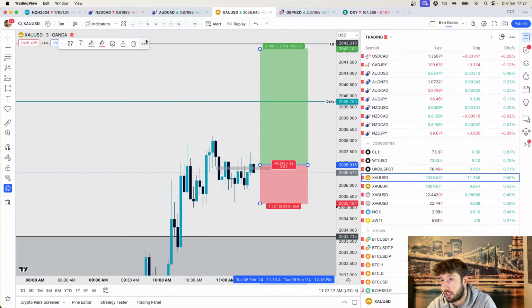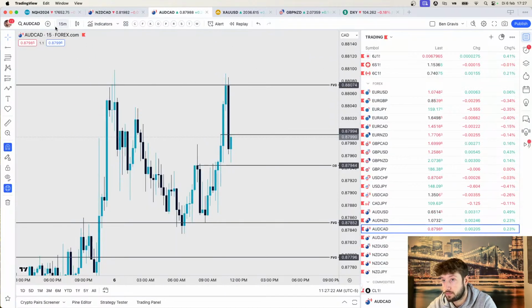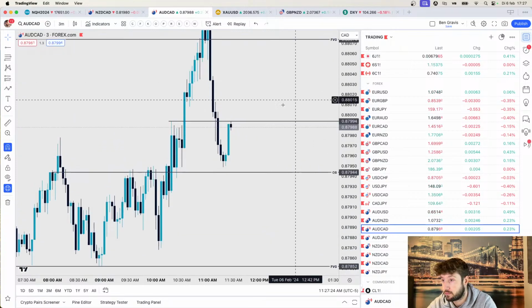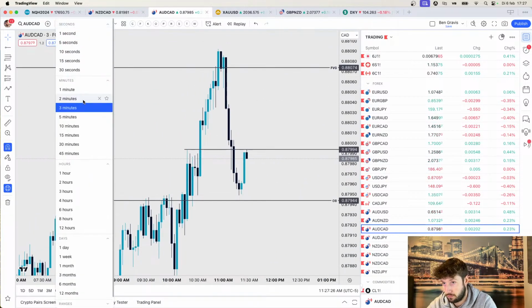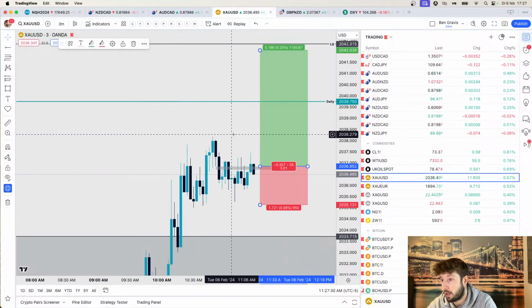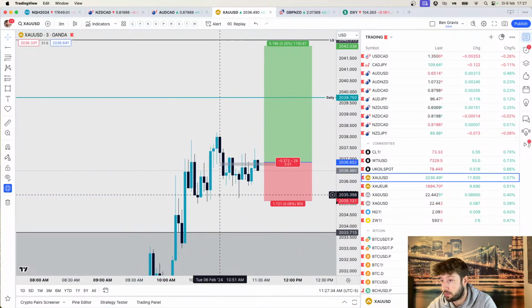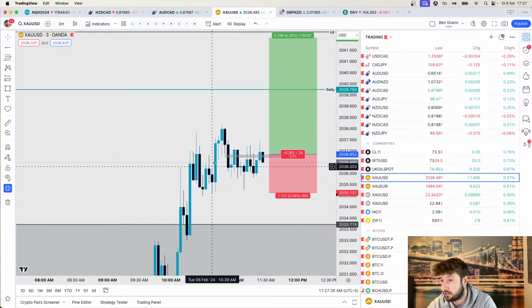But I'm not really too certain of that. I'm not taking this one, but I'm just going to look what it does. It's not really the best setup.